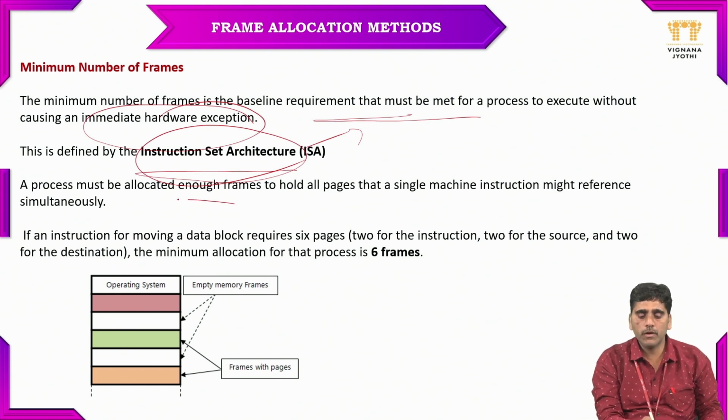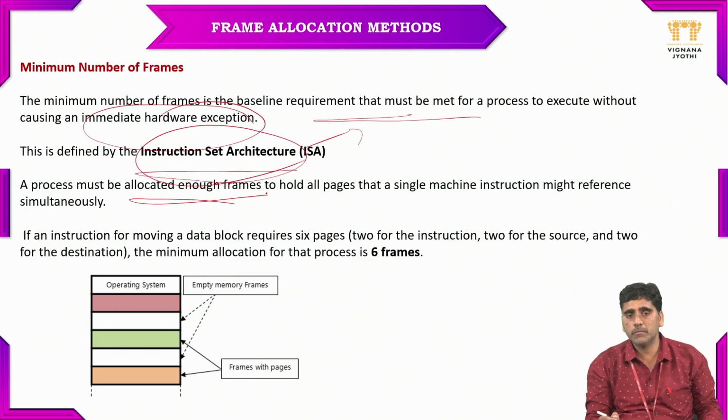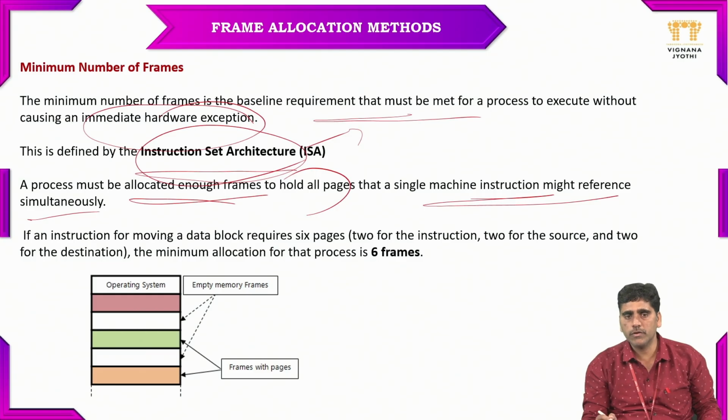A process must be allocated enough free frames to hold all pages that a single machine instruction might reference simultaneously. If enough frames are available, then the process is ready to be allocated. If enough frames are not available, then the process cannot be allocated.